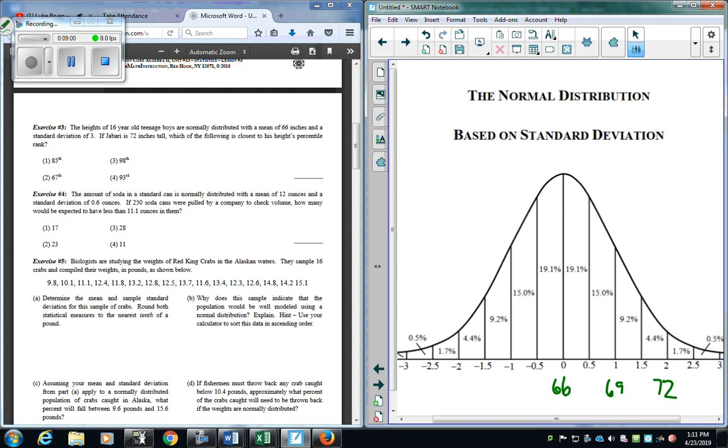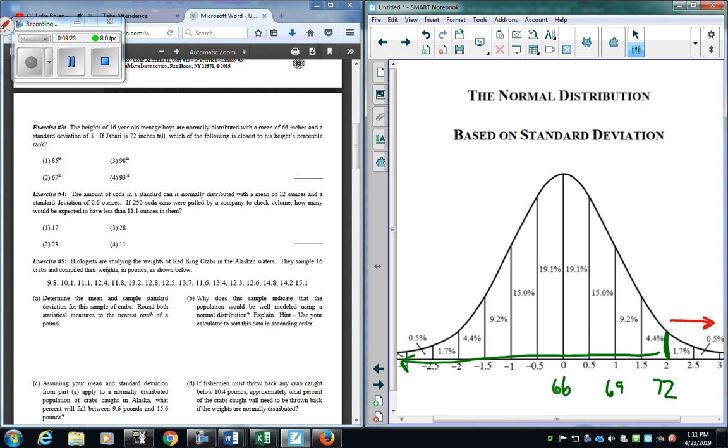So Jabari is 2 standard deviations above the mean. Now there's 2 ways you can figure this out. One way is by taking all of the percentages below and adding all those together, or you could take the percentages that are above and then subtract that from 100, which is the way I'm going to do this.